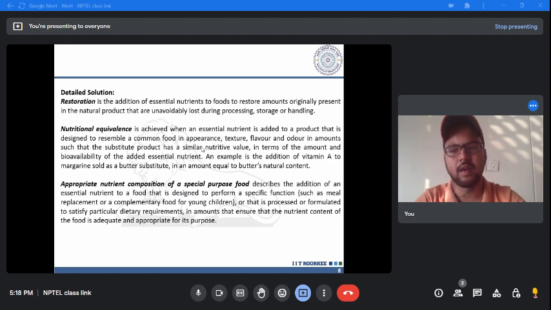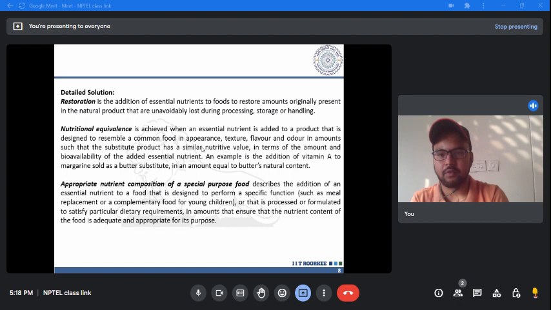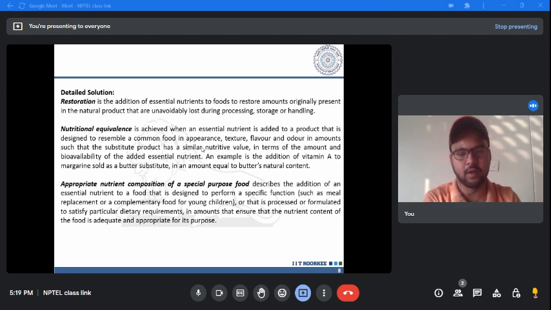So with nutritional equivalence, one product has a certain nutritional value and the second product is manufactured with similar nutritional equivalency, appearance, texture, and flavor, but it is not the same as the first product.